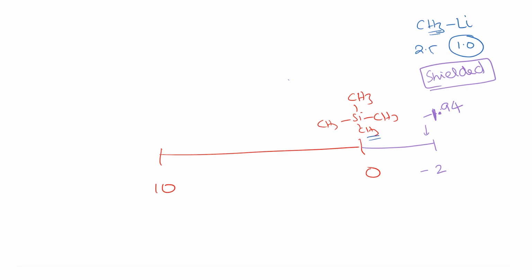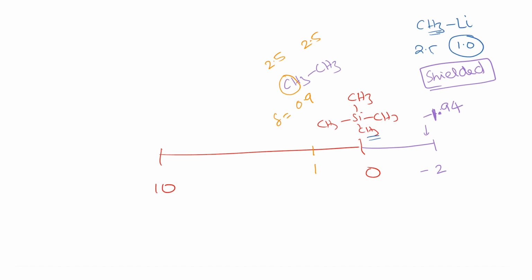Now, let us take the example of just ethane, CH3. Here the electronegativity of carbon is 2.5, and so the chemical shift for the hydrogen is around 0.9.